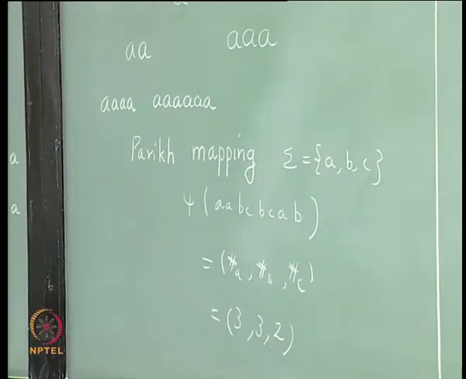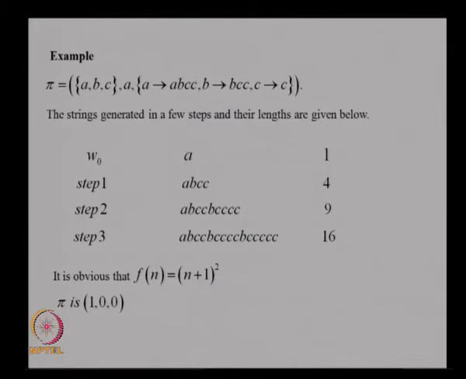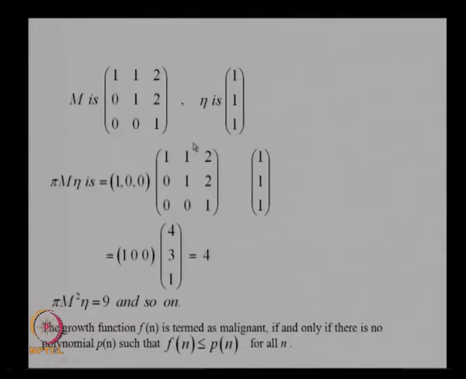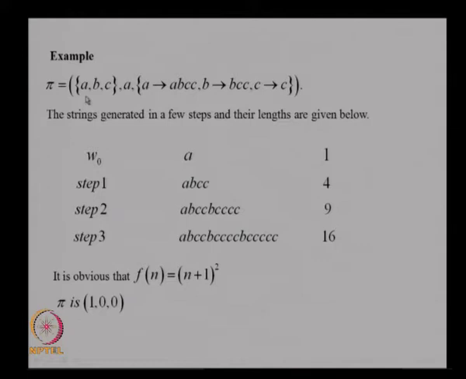Now, if you use this idea, you find a connection between matrix algebra and this. M is an n by n matrix, where n is the size of the alphabet. It is 3, ABC is 3. So, it is a 3 by 3 matrix. The order is A first, then B second, then C third.